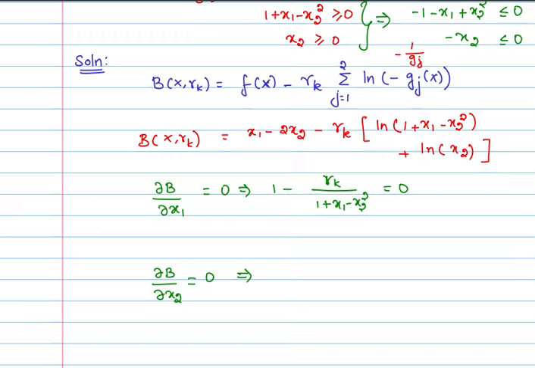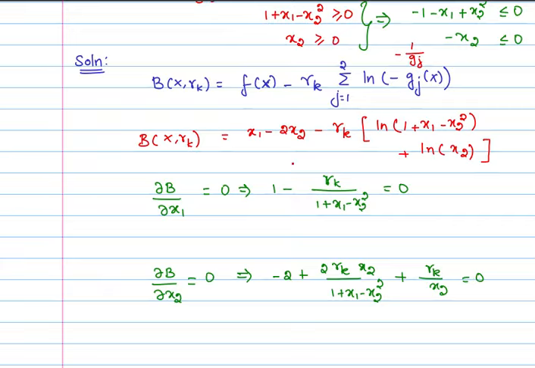This is independent of x2, so it's 0, minus 2, minus rk divided by 1 plus x1 minus x2 square times minus 2 x2. So 2 times x2 plus rk by x2 equal to 0.